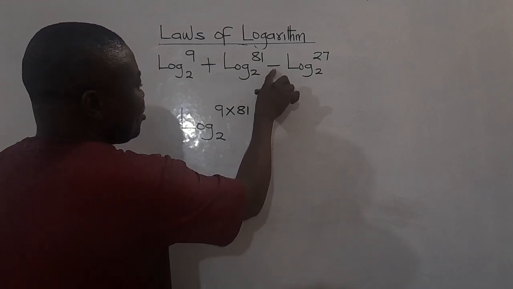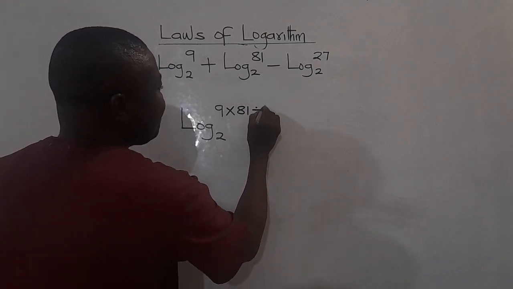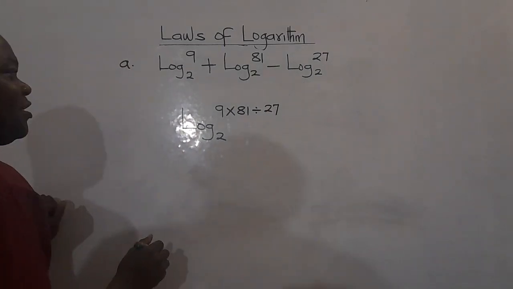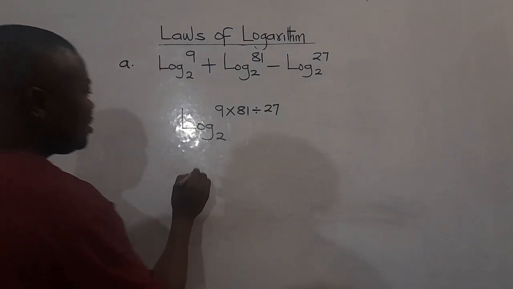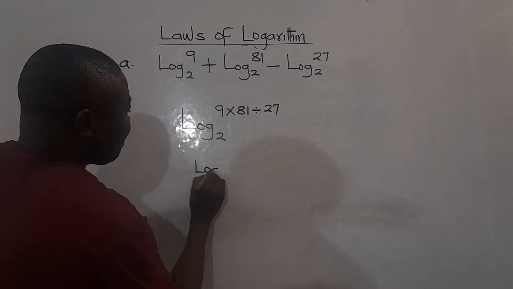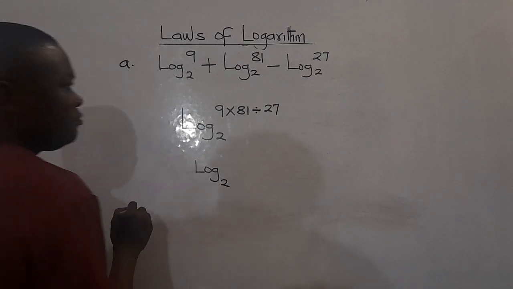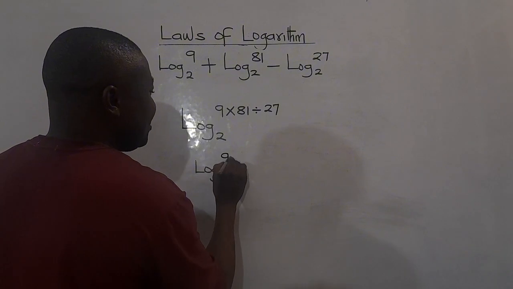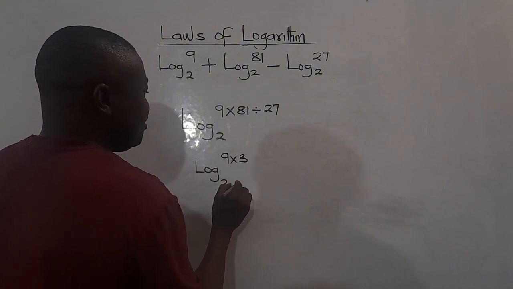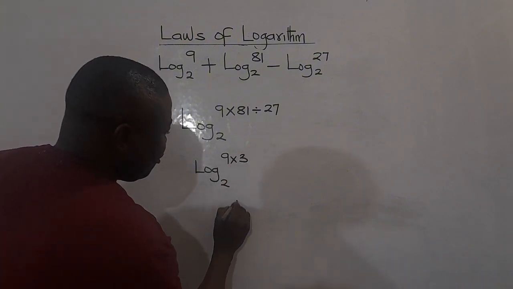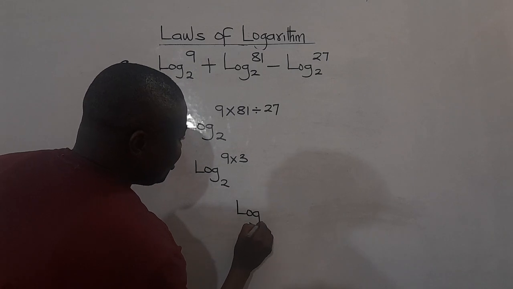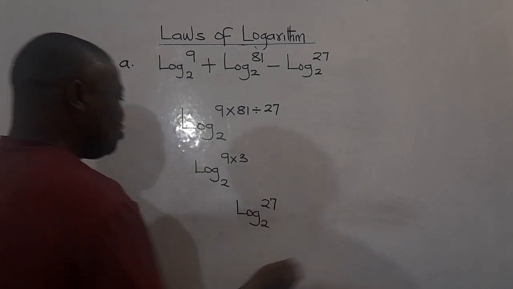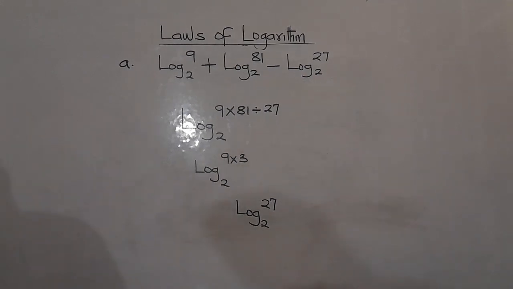Subtraction here means division, divided by 27. So if you look at this critically, you notice that this is log base 2. If you divide, you have 9 times 3, so it becomes log 27 base 2.